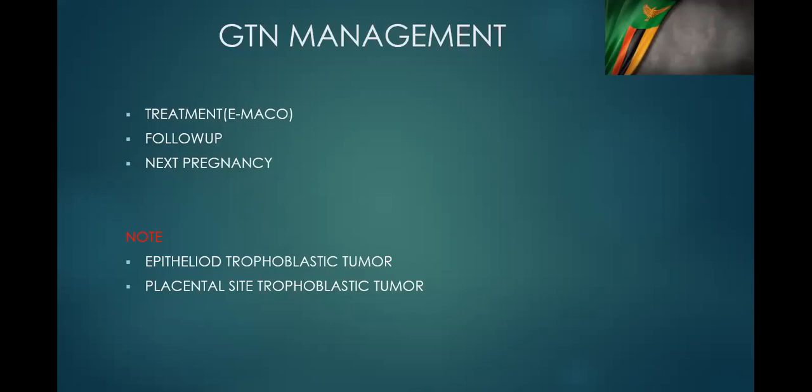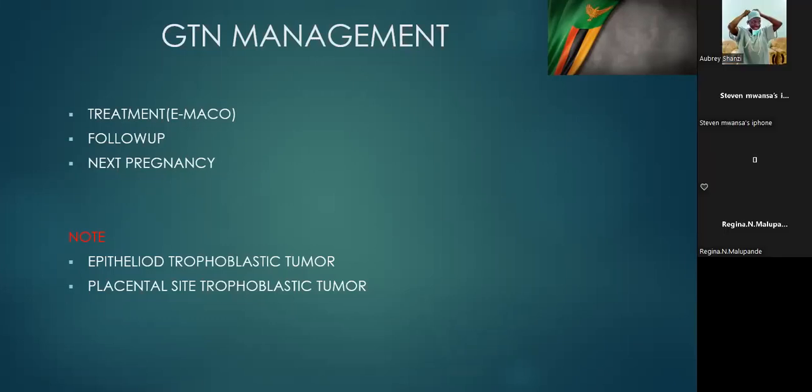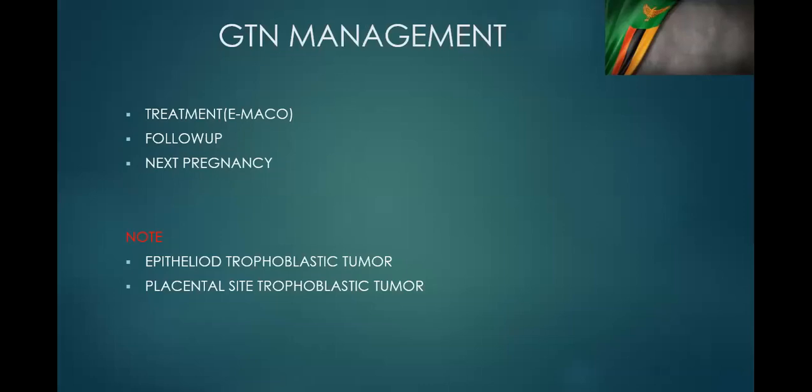But what you should not use is IUCDs, because in gestational trophoblastic neoplasia, IUCDs can easily perforate the uterus. So we need to avoid IUCDs. So that is about the follow-up of these patients who we've diagnosed with gestational trophoblastic neoplasia.